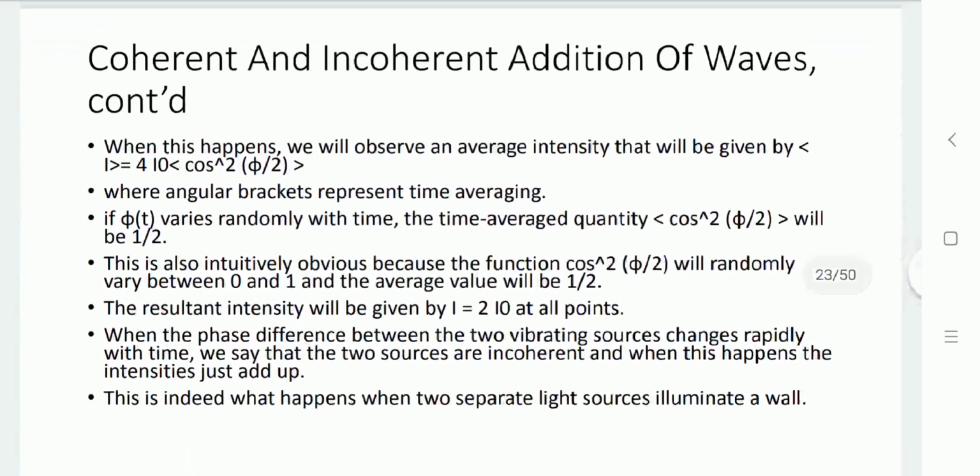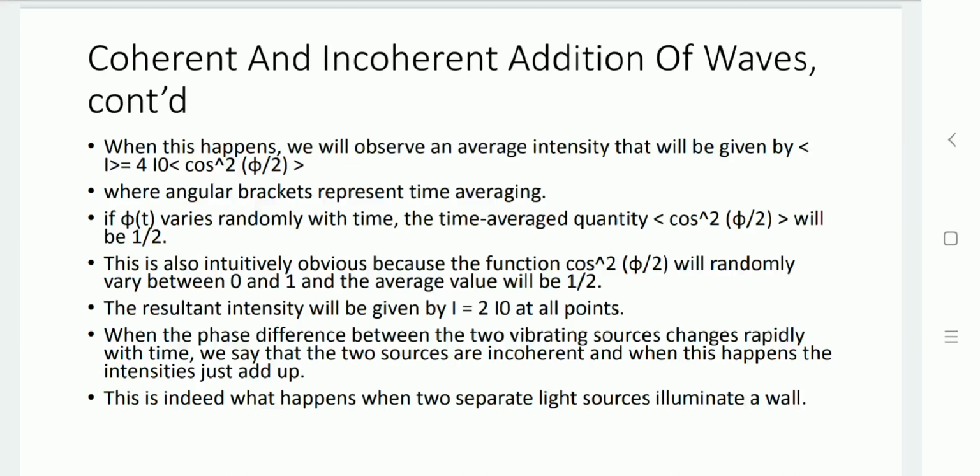When this happens, we take the average intensity. In the equation of the intensity, I equals 4I0 cos squared phi by 2, 4I0 is constant, so we take the average of cos squared phi by 2. The average of cos squared phi by 2 is 1 by 2.